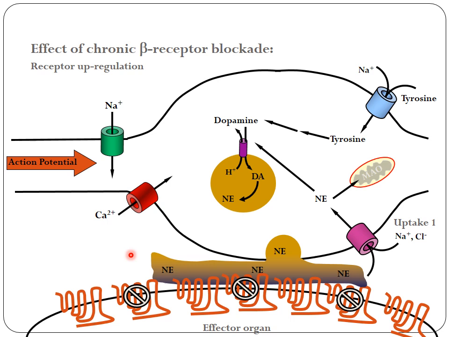What happens if we stimulate the receptor? The biological response is going to decrease the amount of receptor. This is called receptor down regulation. Why is this important? It is important clinically. For example, if we block the adrenergic receptor for a long period, using metoprolol to block the beta receptor for more than 2 weeks, what happens if we suddenly stop the drug?